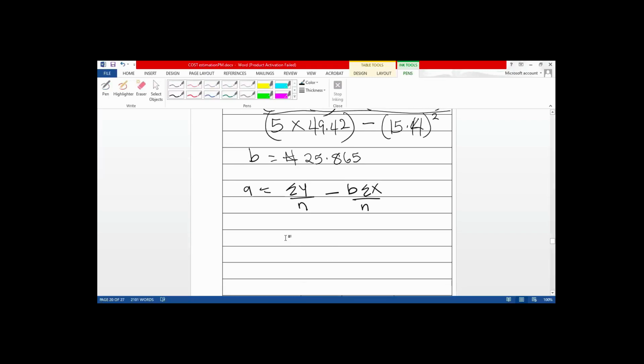I can come here and say my A is equal to summation Y, that will give me 566, divided by N, 5, minus our B, which is 25.865, multiplied by summation X, which is 15.4.